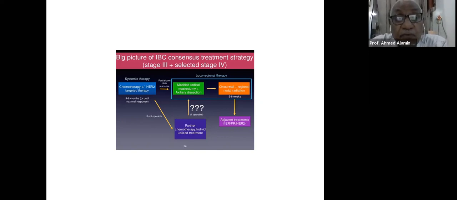If not operable, further chemotherapy. There are different lines of chemotherapy according to strength.